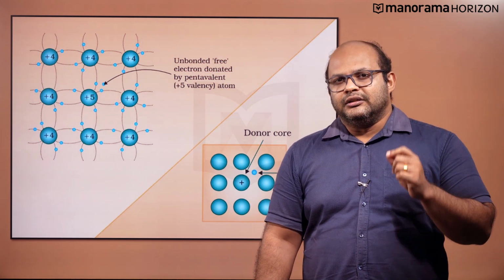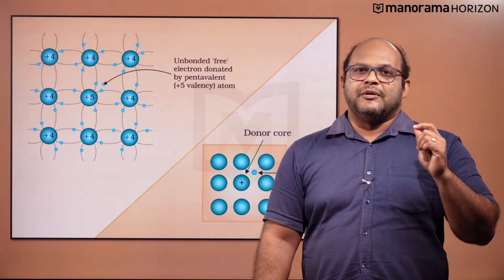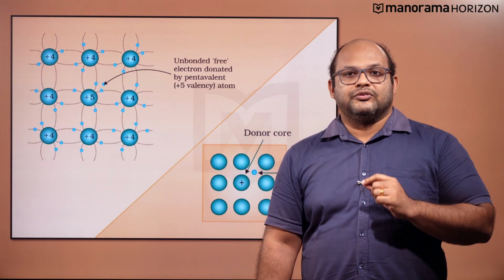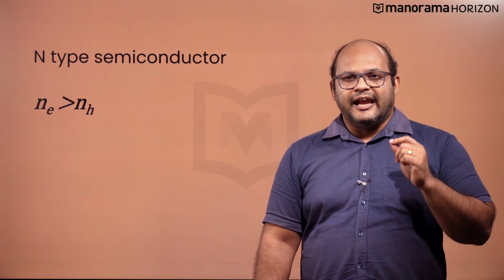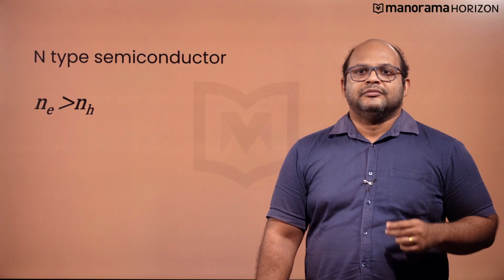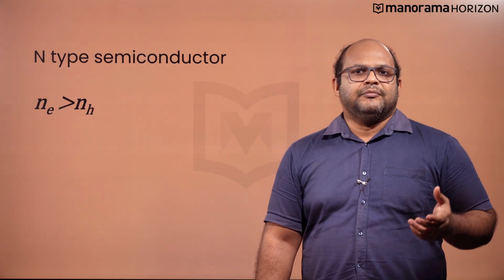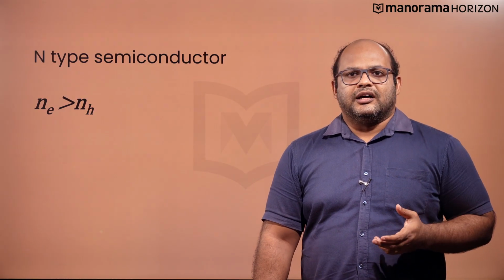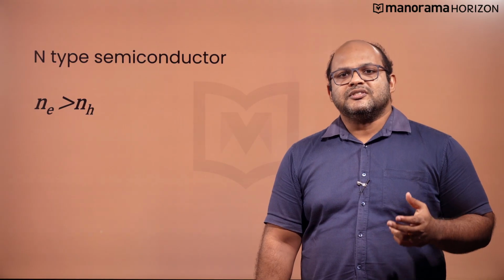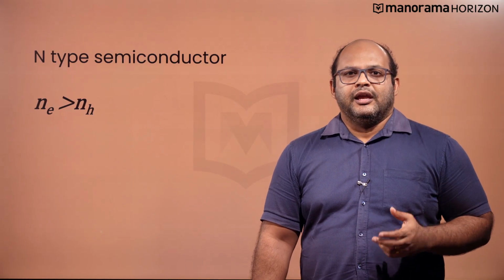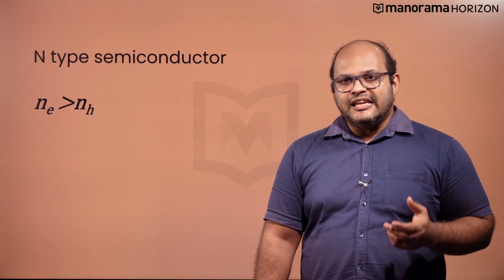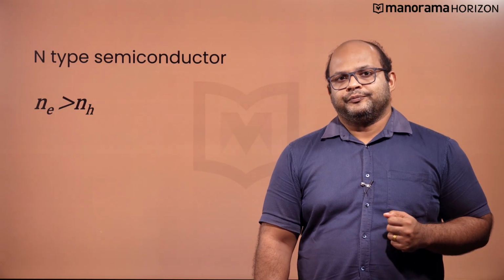With proper doping, the number of conduction electrons can be made much larger than the number of holes. Thus, in an N-type extrinsic semiconductor, that is, having pentavalent impurity, the electrons are majority carriers and the holes are minority carriers. In N-type semiconductors, Ne is greater than Nh.